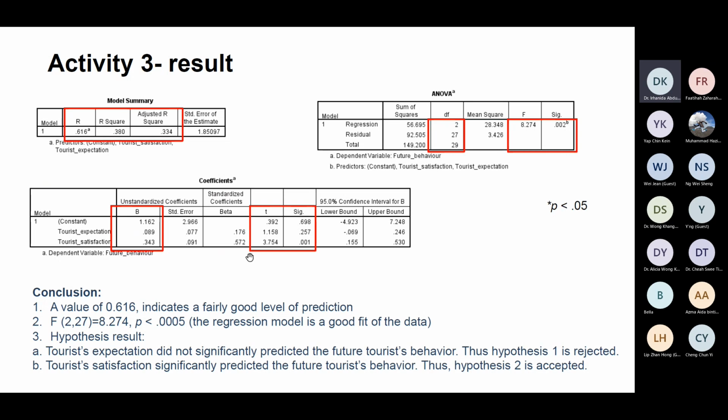But for tourist satisfaction, the sig value is lesser than 0.05, thus it significantly predicted future tourist behavior. So hypothesis 1 is rejected while hypothesis 2 is accepted.